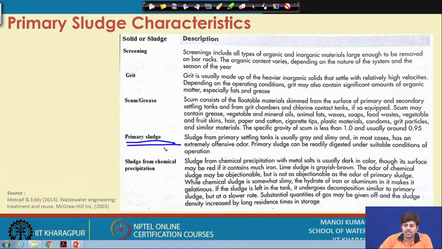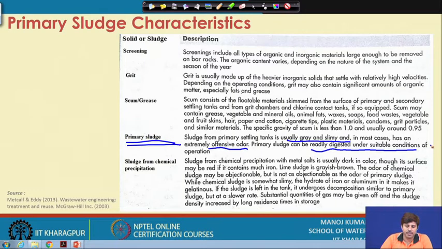So, the primary sludge, which is one of the major constituents as we were just discussing, usually consists of settleable solids. These solids are usually grey and slimy, and in most cases have some offensive odor as well. This can be readily digested under suitable conditions of operation.